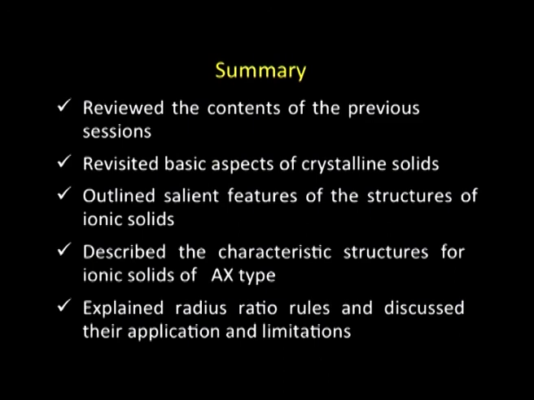That means we worked out the limiting radius ratio for different kinds of ionic structures, and then saw how to correlate the radius ratio with the ionic structures. Thereafter, we discussed its application and found that it was applicable to a good extent, but there were a lot of limitations. With this, we conclude our discussion on the structure of ionic solids.